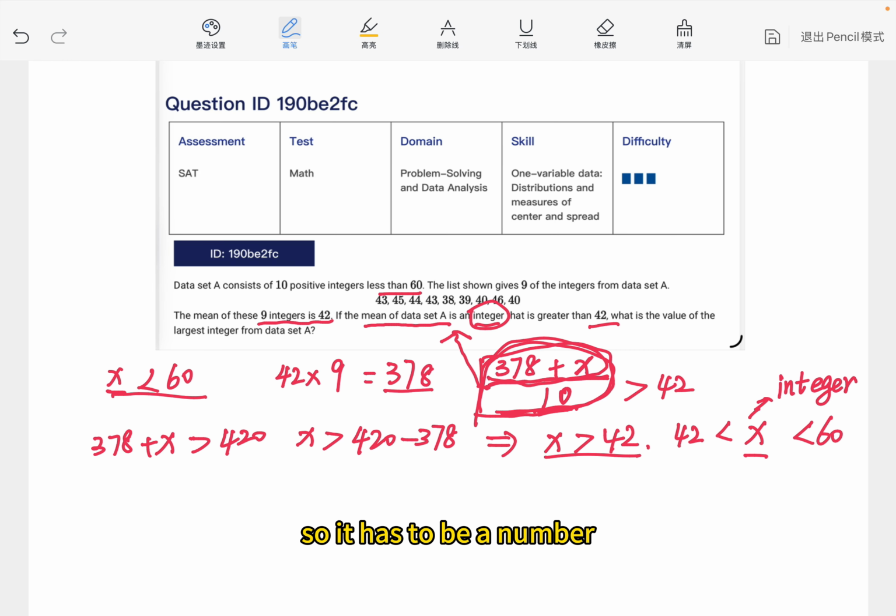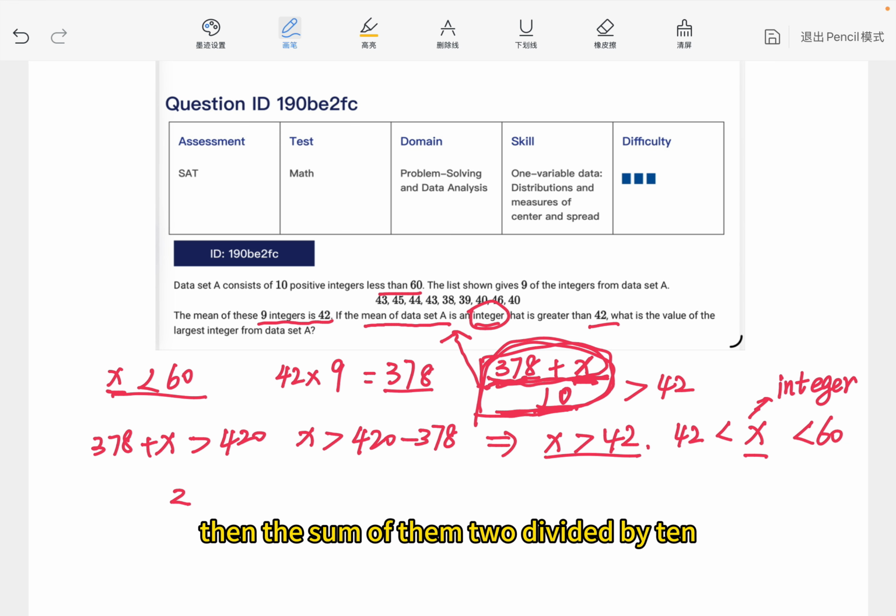So it has to be a number, maybe like 380, 390, 400, and so on. If that's the case, we know that x has to have a ones digit of 2, right? Only in that case, when the sum is divided by 10, can we get an integer.